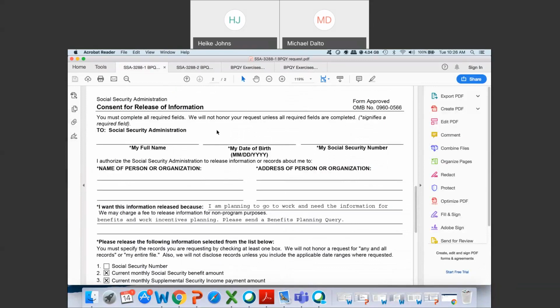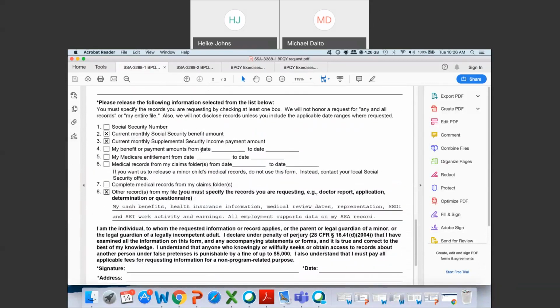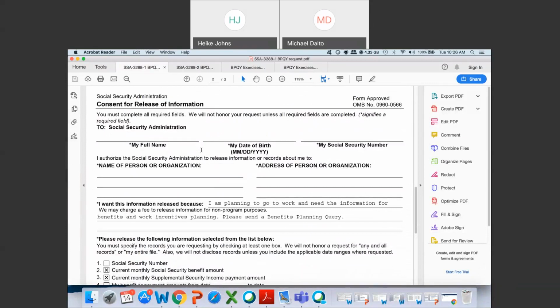Form number is SSA 3288. And what you'll see is that there's some language already typed into it. It says, I want this information released because, and then typed in is, I am planning to go to work and need the information for benefits and work incentives planning. Please send a benefits planning query.